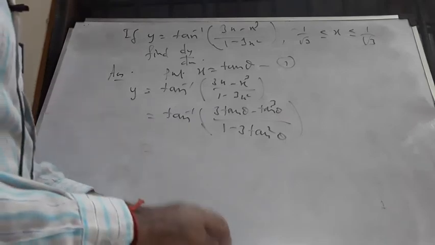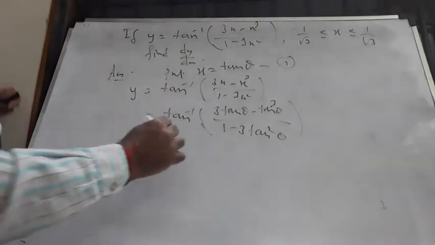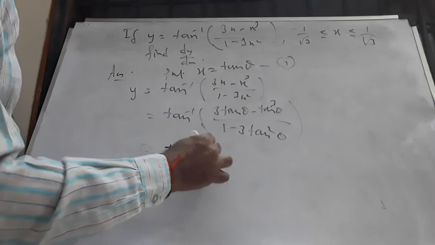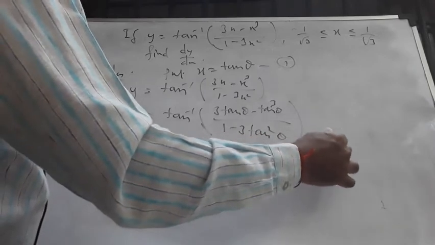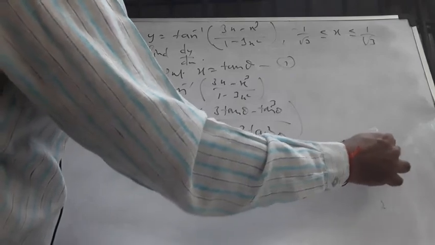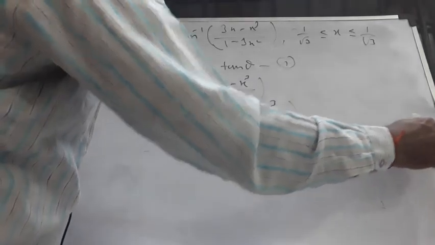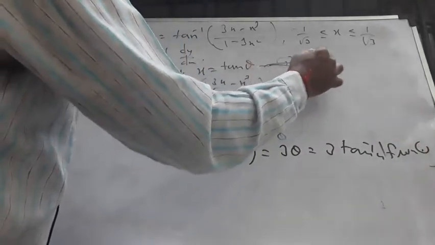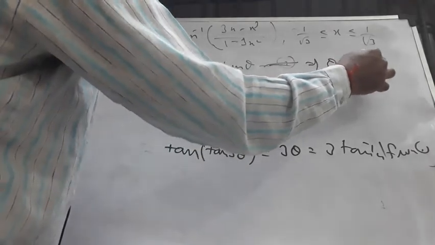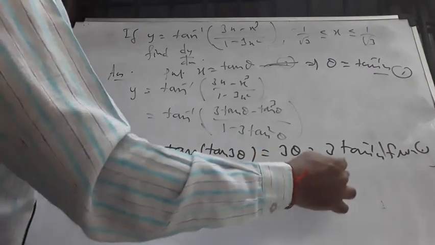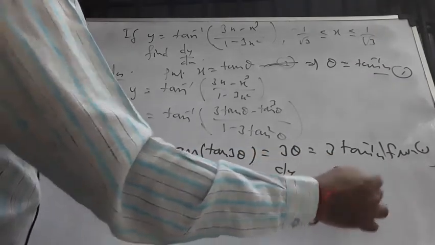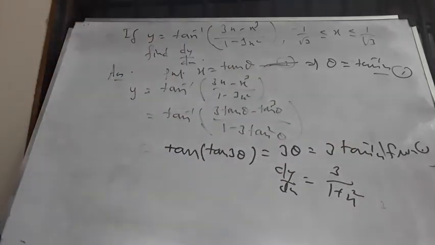This is the formula of tan 3 theta. Therefore, this is reduced to 3 theta. This is 3 tan inverse x. Or otherwise, you can even write this as theta is equal to tan inverse x and call it as 1. Therefore, dy by dx now happens to be 3 divided by 1 plus x square. Let me repeat.